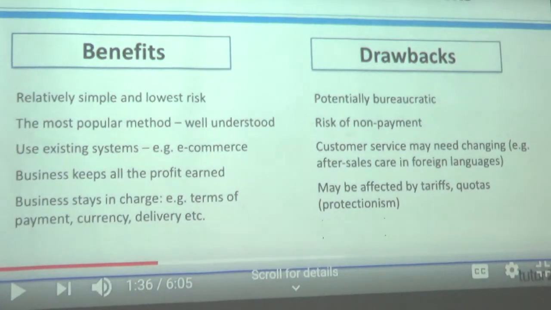Of course, when they say bureaucratic, that means that there's issues with customs. Sometimes products are not allowed in the country for various reasons, so you have to understand the system of how you can import and export in the country.